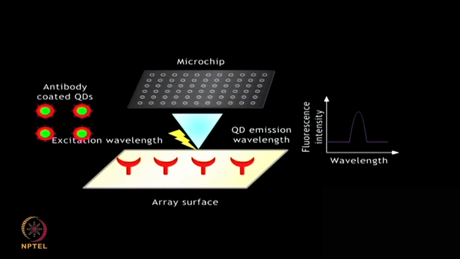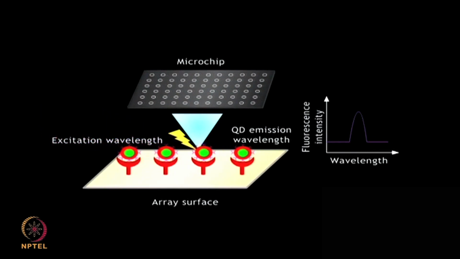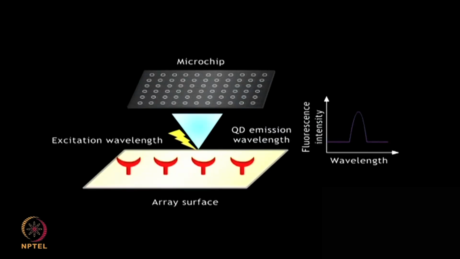Quantum dots are capable of detecting molecules down to femtomolar levels and provide significant advantages over conventionally used organic fluorophores. As you can see on the right hand side, the wavelength versus fluorescence intensity is plotted, and a change in the fluorescence intensity is observed when the molecule is binding on the antibody surface, which is labeled with the quantum dots.